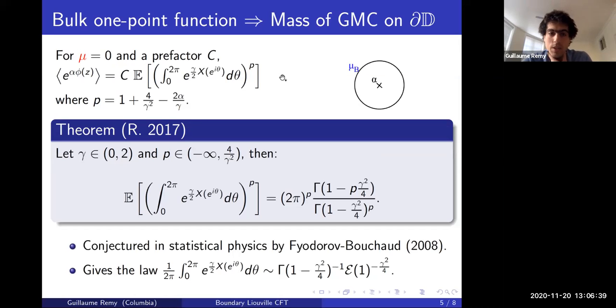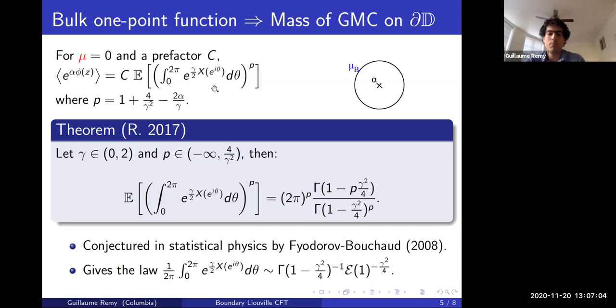After a few lines of computation, you can show, up to a prefactor, that this correlation reduces to something very simple, which is just a moment p of the total mass of the GMC, the Gaussian multiplicative chaos measure, on the unit circle. There's no more area measure because we've set the red mu to 0. We only have the blue left. So the functional just reduces to this.